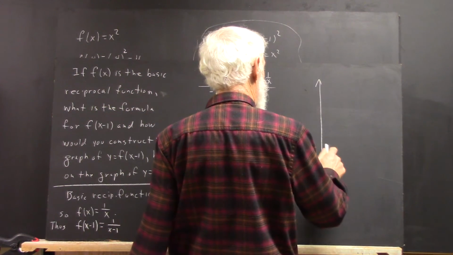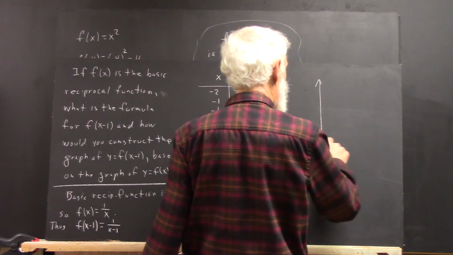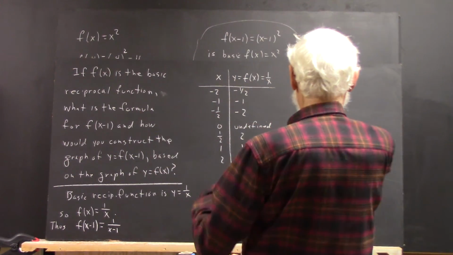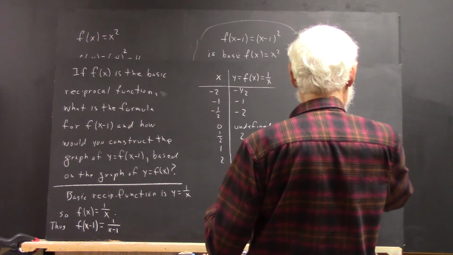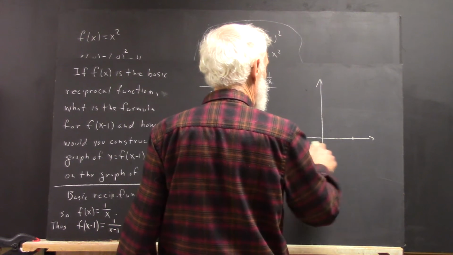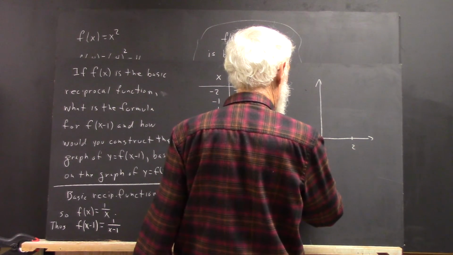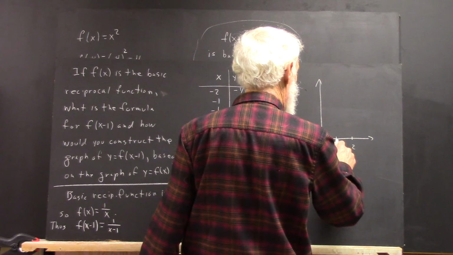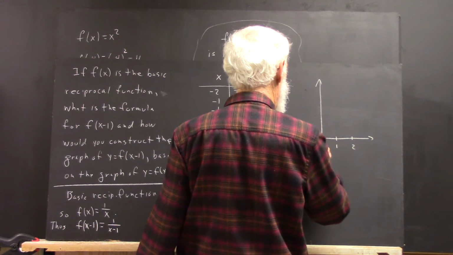And of course, this is something that was assigned. Now let me get straight over here and see if I can balance the left and the right a little better. So there's negative 2, there's 2. Here's negative 1, here's 1.